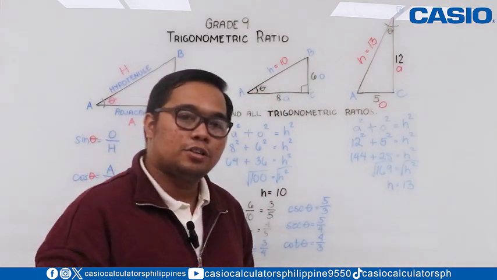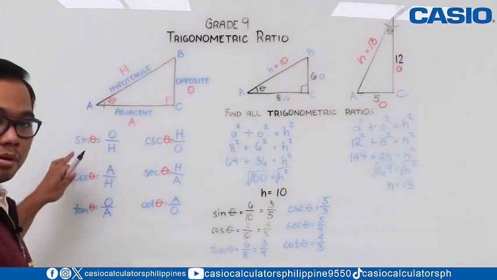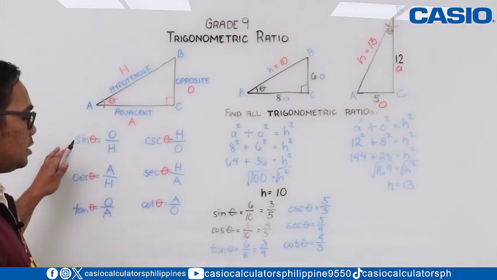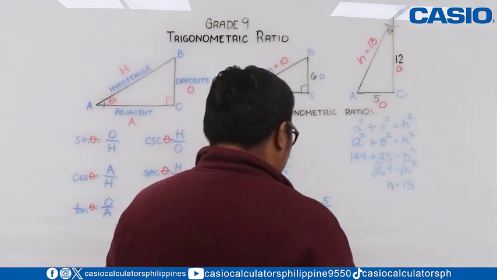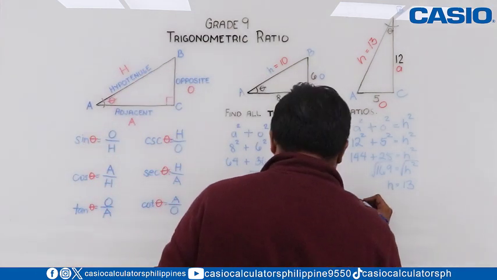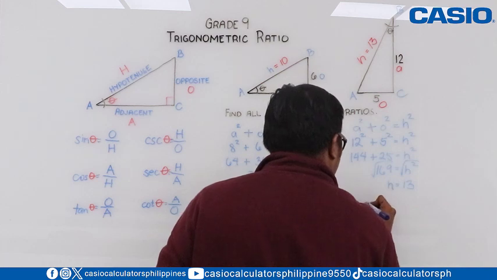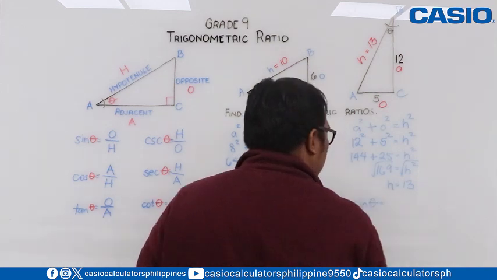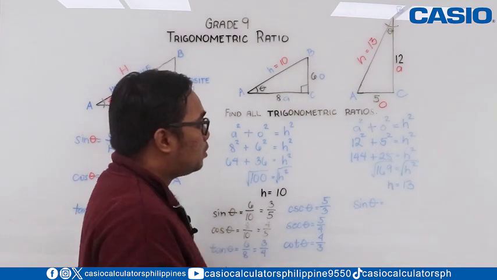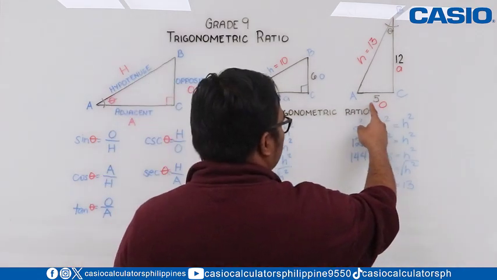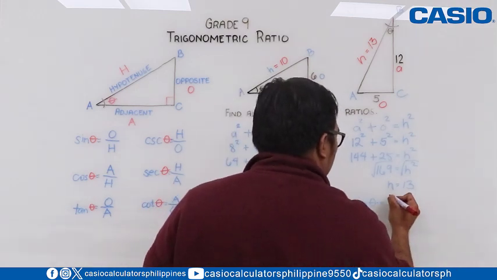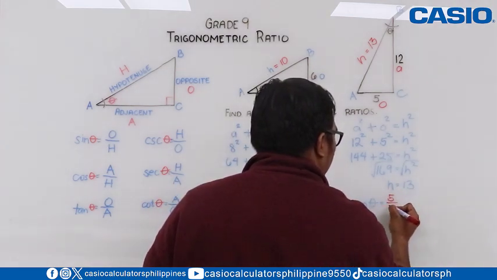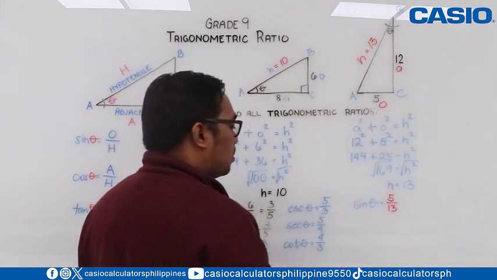Now, using our trigonometric ratios, if we can remember here, let's define our sine, cosine, and tangent first. Okay? Now, sine theta is equal to opposite over hypotenuse. Now, the opposite side is 5, while the hypotenuse is 13. So, that will be 5 over 13.